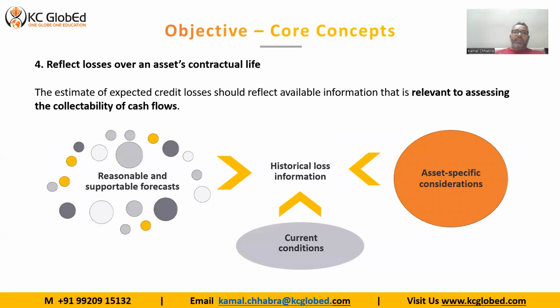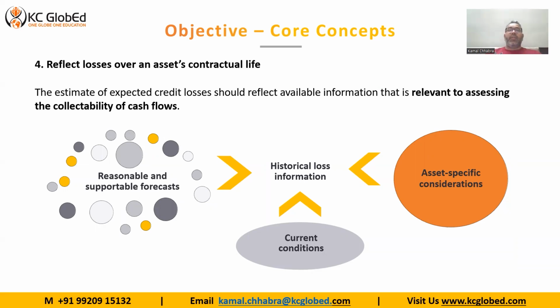Fourth objective or core concept is to reflect losses over an asset's contractual life. For example, let's assume you are a bank and you have given a loan to a customer for a period of 20 years, a home loan of $80,000.